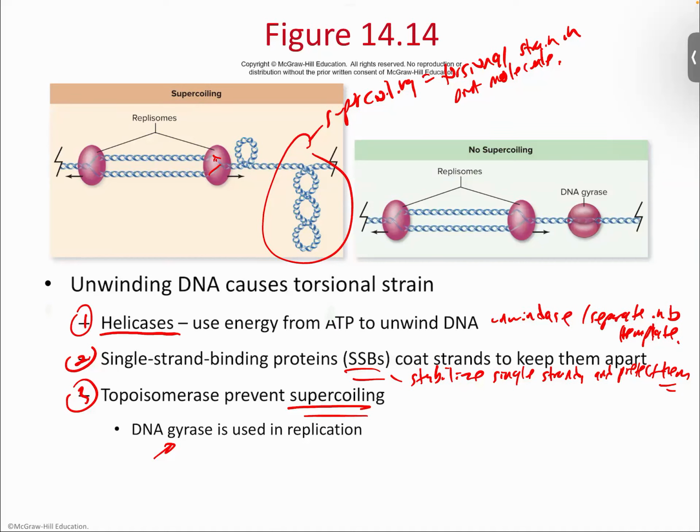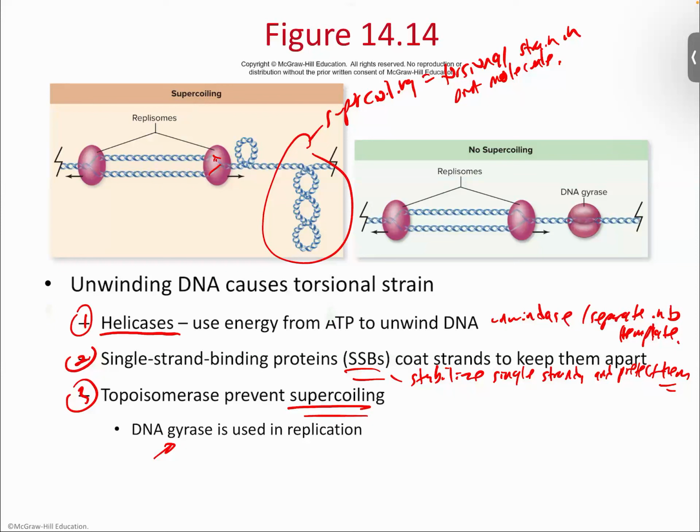If you were to take a rubber band and roll it between your fingers, what happens to that rubber band? Yeah, it gets all twisted, right? And it kind of forms little loops. And if you really work it, it's going to start to fold up on itself. So what you're doing is creating torsional strain because of all the twisting.